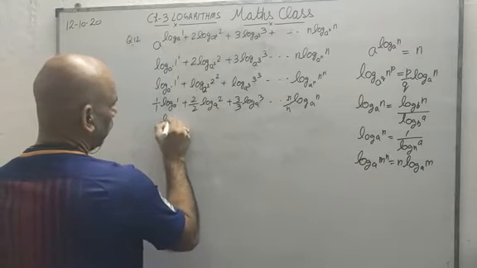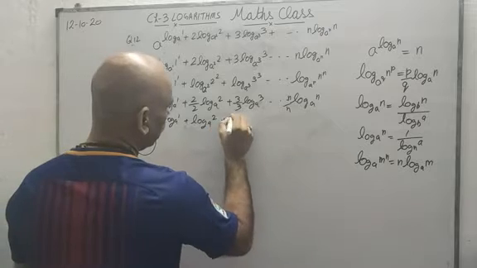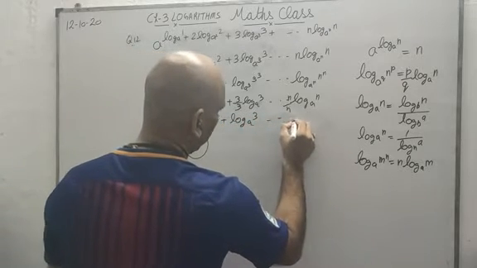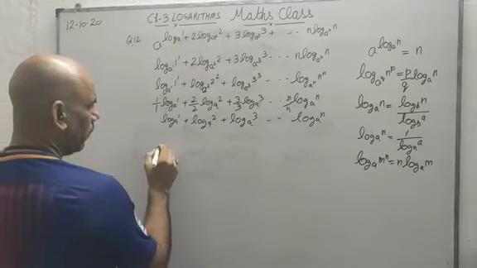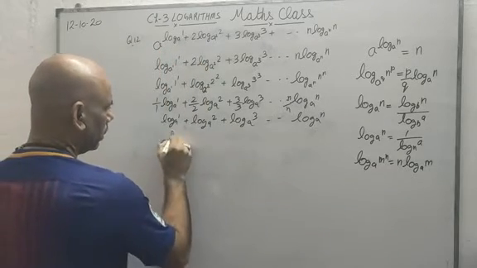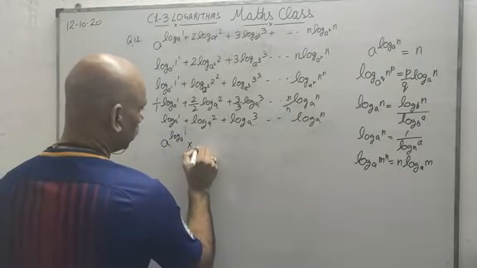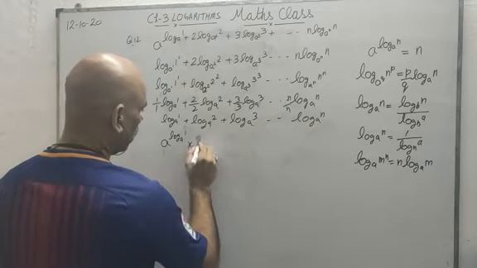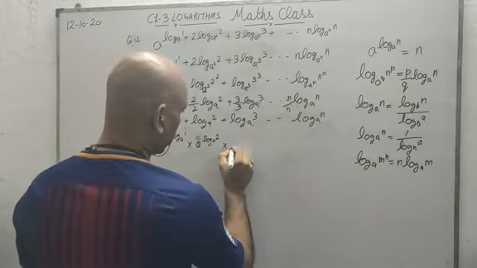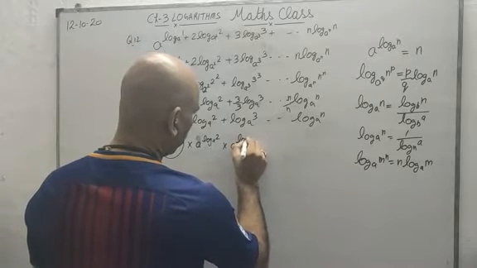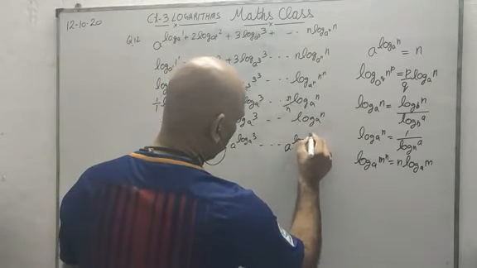Now it has left log 1, log 2 base a, log 3 base a, and log n base a. This way, now we can take it as a power of a and then it will be separated. So a to the power log 1 base a, into a to the power log 2 base a, a to the power log 3 base a, up to a to the power log n base a.